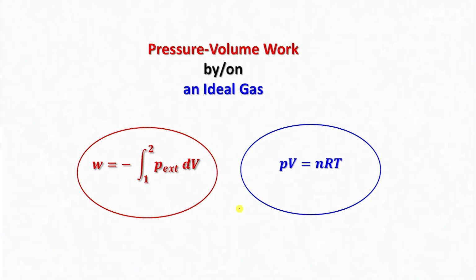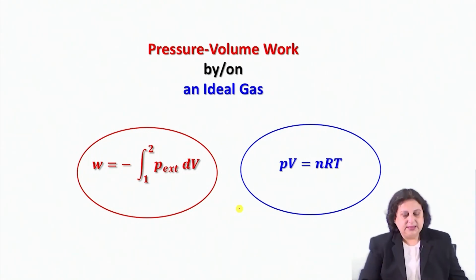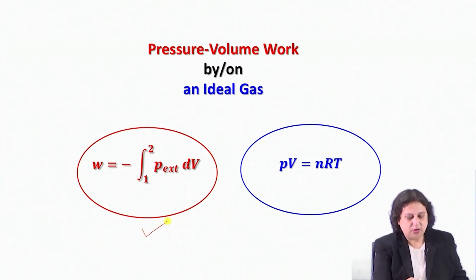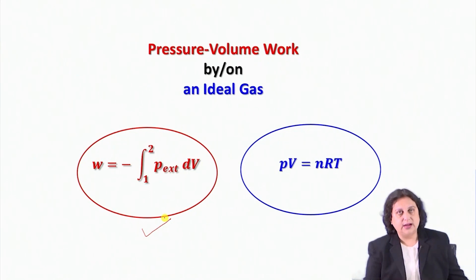Now, we have already seen that if I consider the pressure volume work done by or on an ideal gas, then this is the generic definition of what work done is in a finite process, as it takes the system from an initial state 1 to a final state 2.